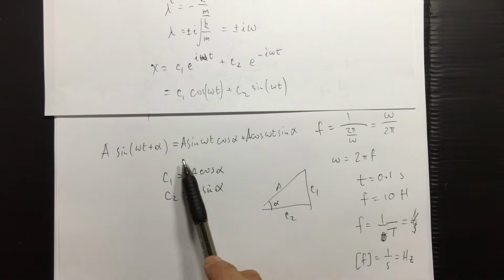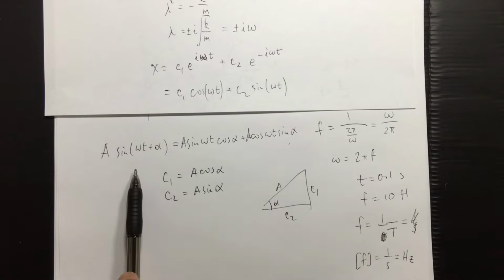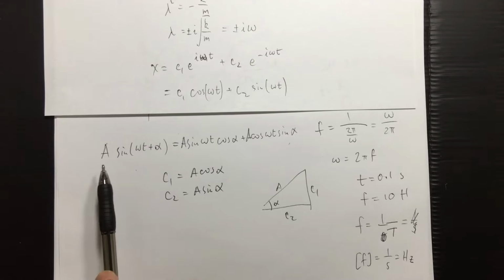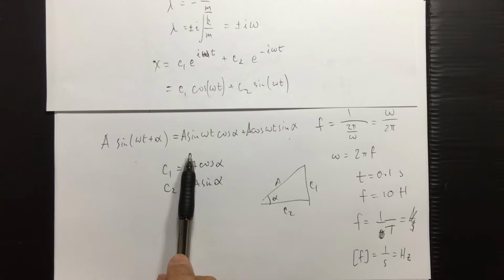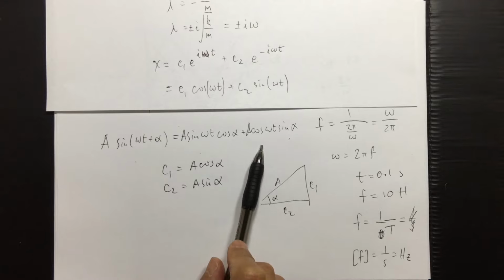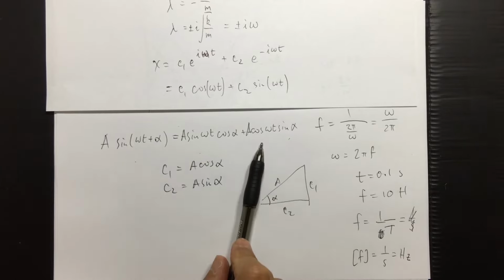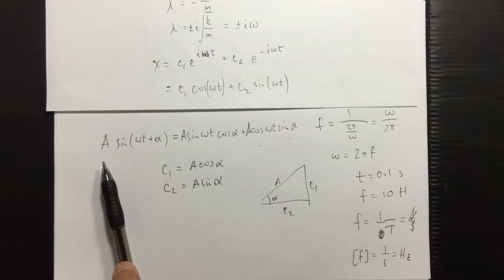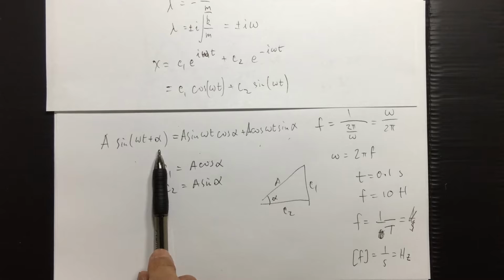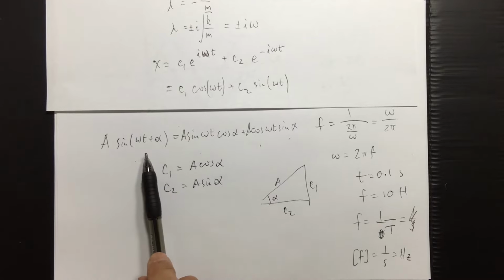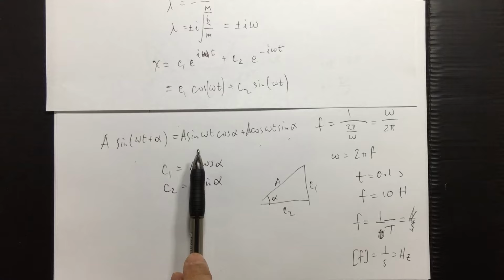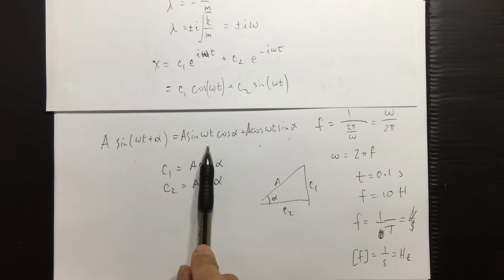In other words, you get another oscillation. All you're doing is changing the amplitude, because this amplitude is the square root of C1 squared plus C2 squared. And then there is also the angle change, the shift from omega t to somewhere else, but that doesn't matter. This oscillates at angular frequency omega.